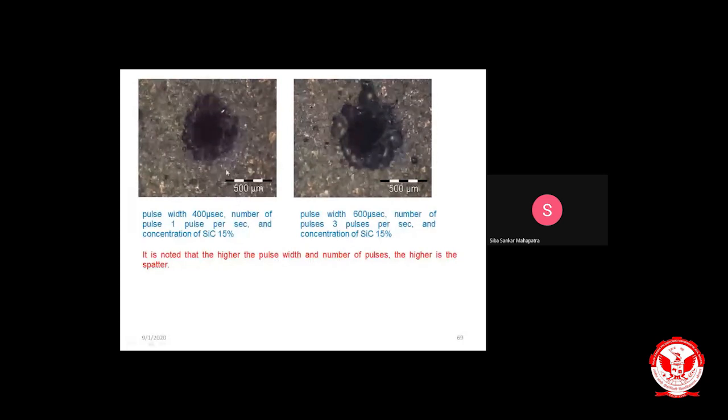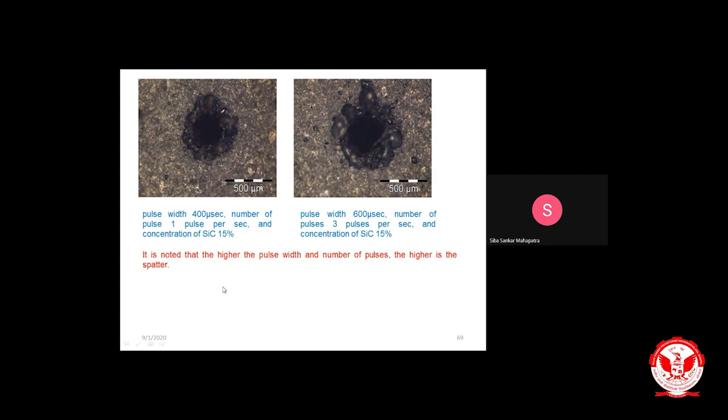These are the micrographs. This is for a pulse width of 400 microsecond, number of pulses is 1 pulse per second, and the concentration of silicon carbide is 15%. Here the pulse width is 600, number of pulses is 3, and the concentration of silicon carbide is 15%.